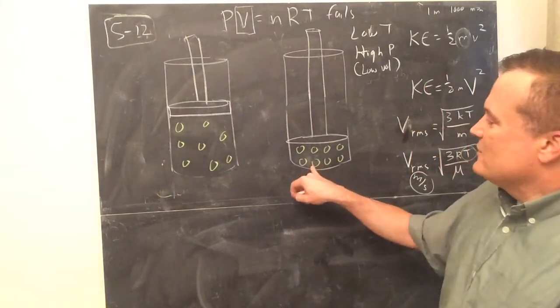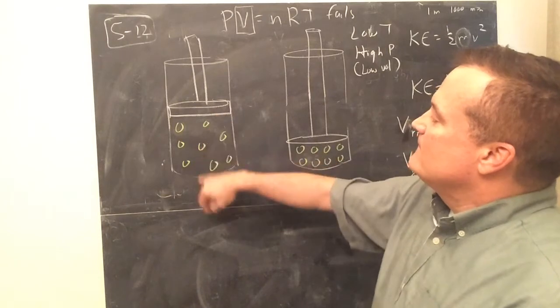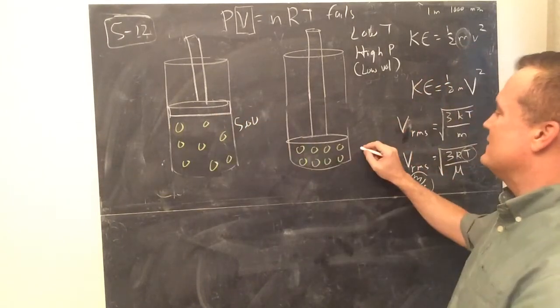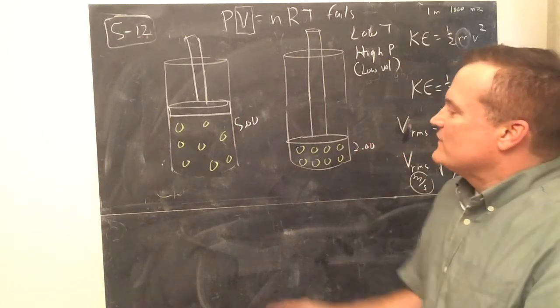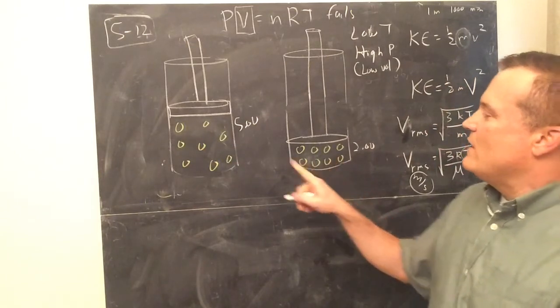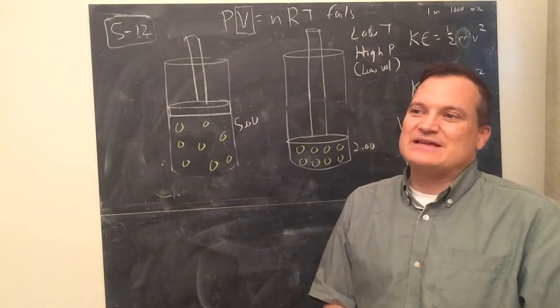Let's say in this case it might be 5 liters, and here it's only 2 liters. The thing is, we still have 8 molecules before and after. In which one is it more true?